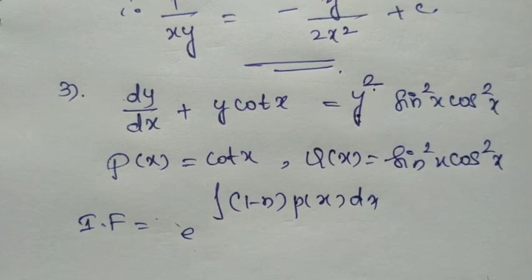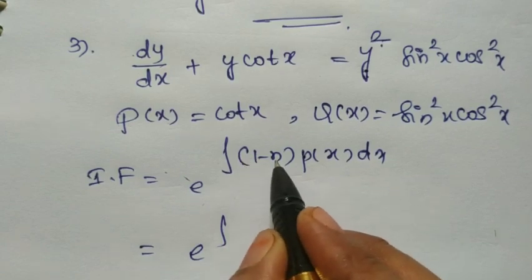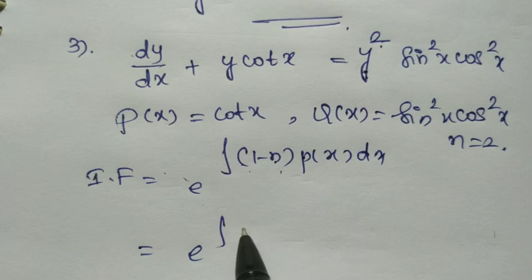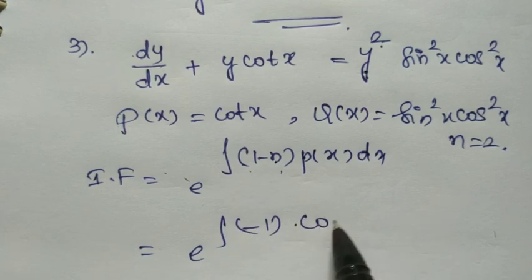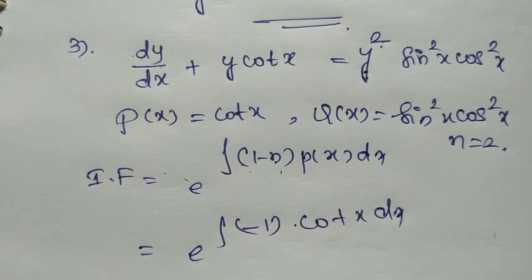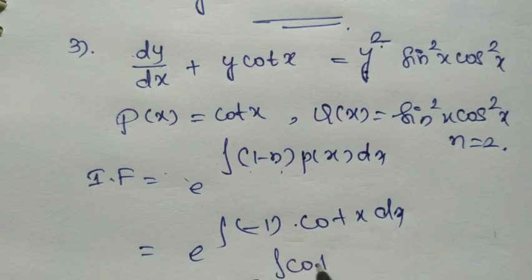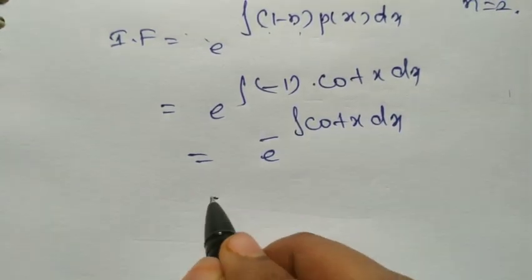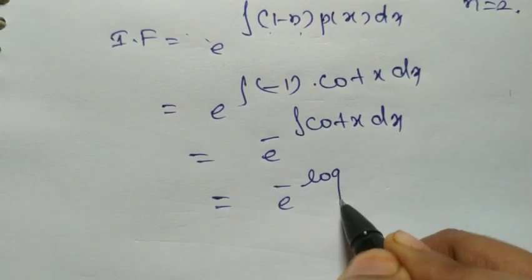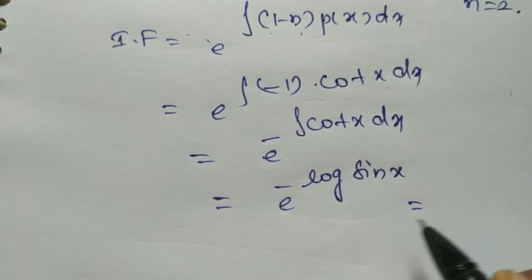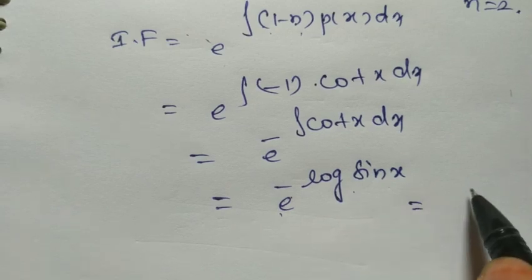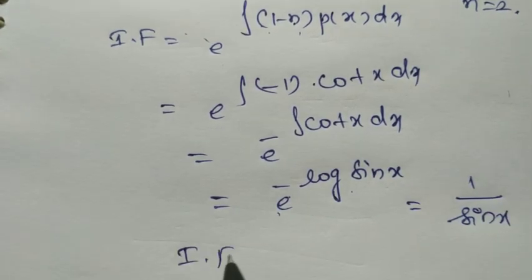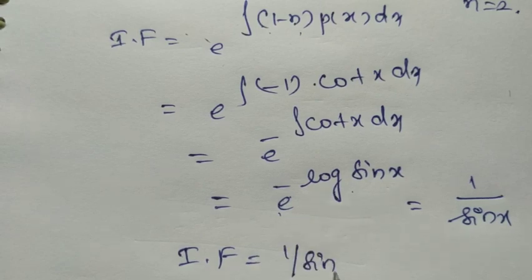Here n equal to 2, so 1 minus 2 is minus 1, and p of x value is cot x dx. So e power minus integration of cot x dx. Integration of cot x dx is log sin x. So that is e power minus log sin x, which means 1 by sin x. So therefore the integrating factor is 1 by sin x.